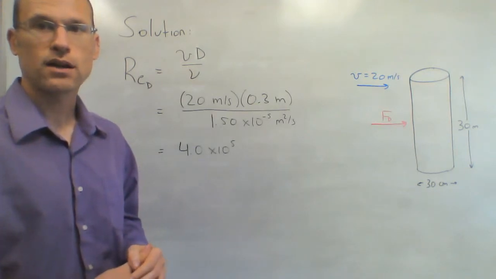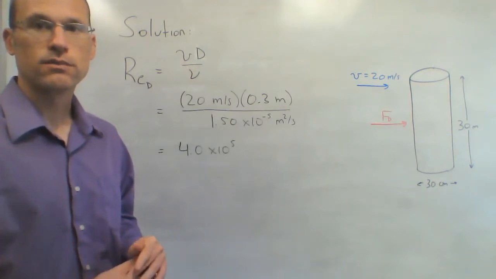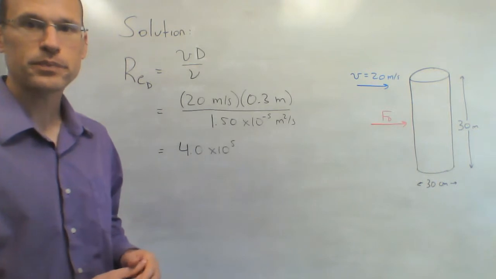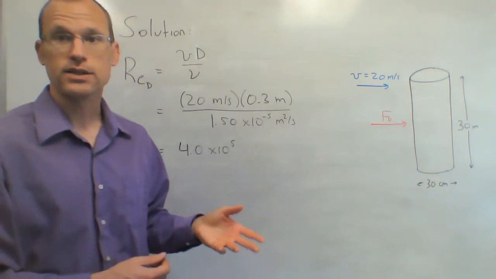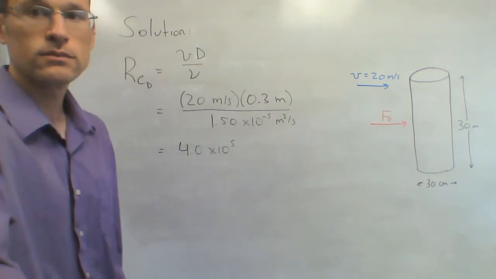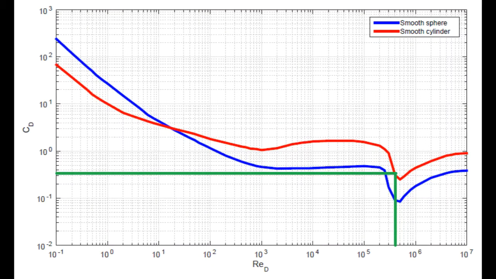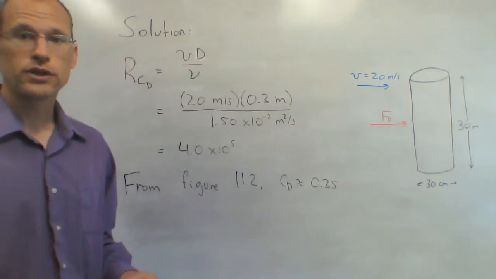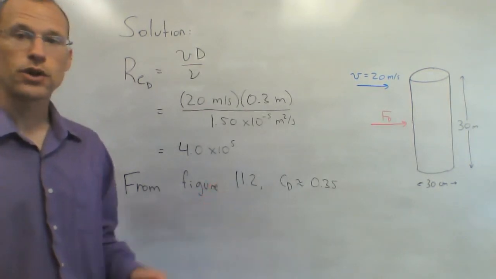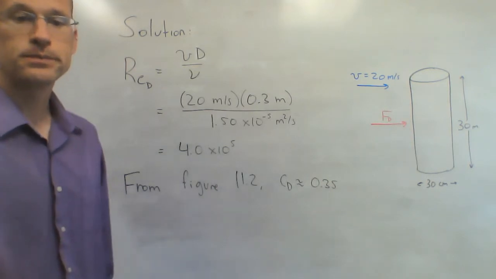That's how that figure was calculated, using diameters. So two reasons to use diameter in this case. With that Reynolds number, now I want to go to that figure to find the CD value. As you just saw, from figure 11.2, that CD value is roughly 0.35, so that's what we're going to use.